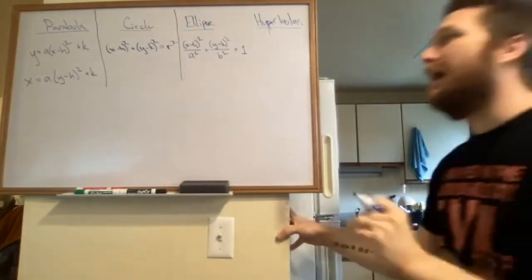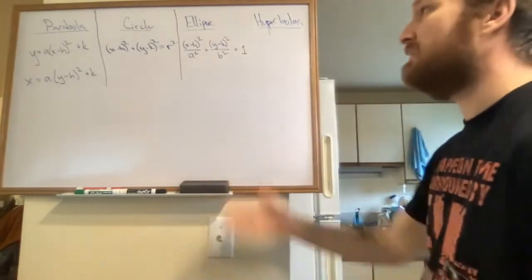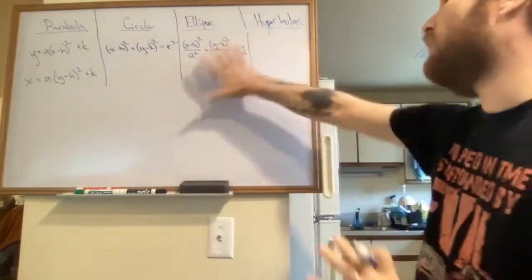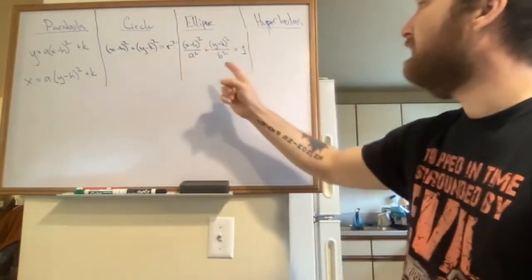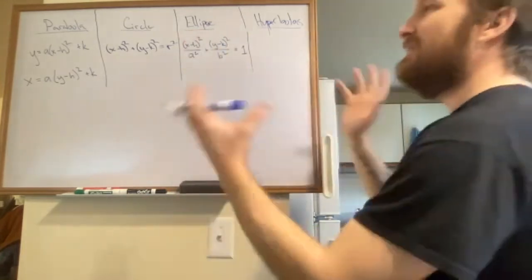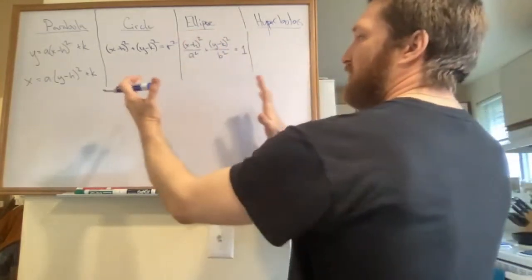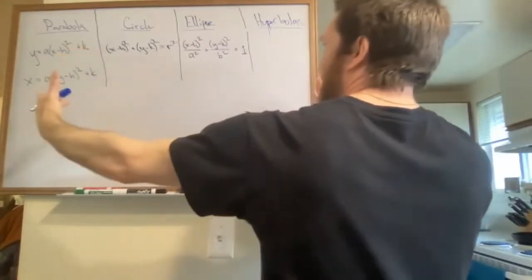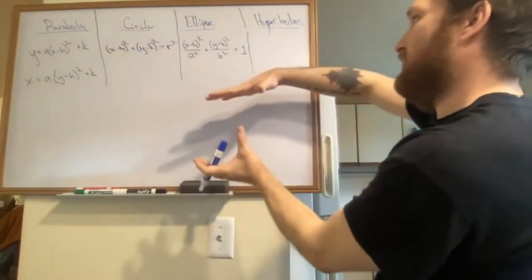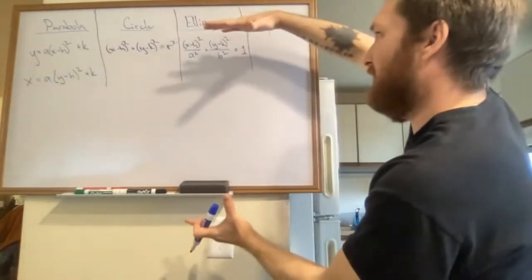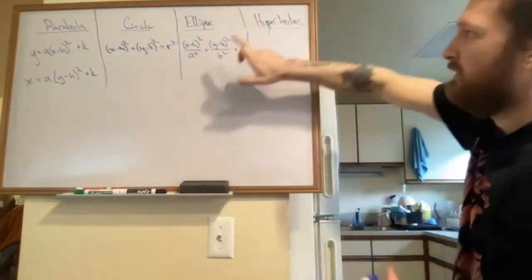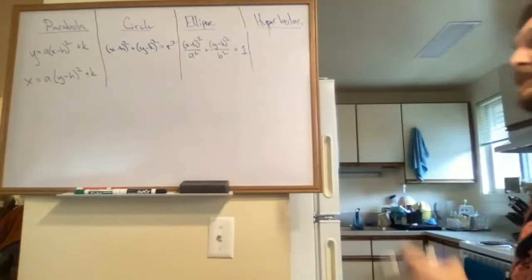We've seen why this is so nice, because it makes it really easy to see what this thing is. The ellipse itself must be stretched to a distance of plus or minus a in x, and plus or minus b in y, and then it's been shifted over to h and up to k.